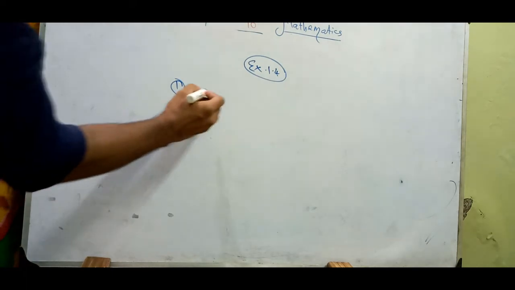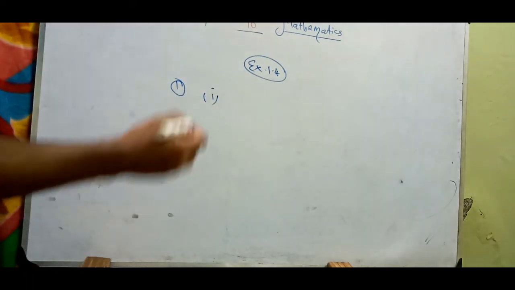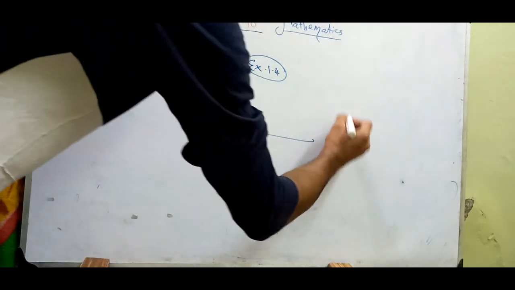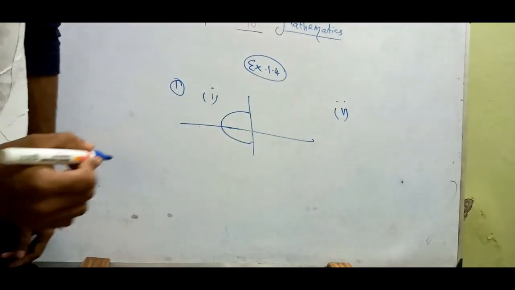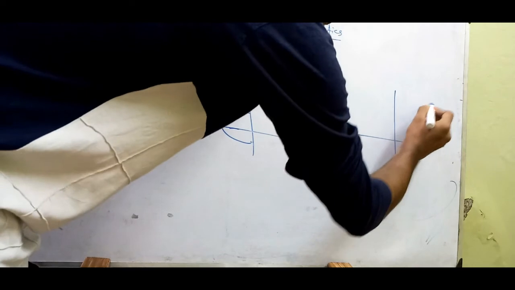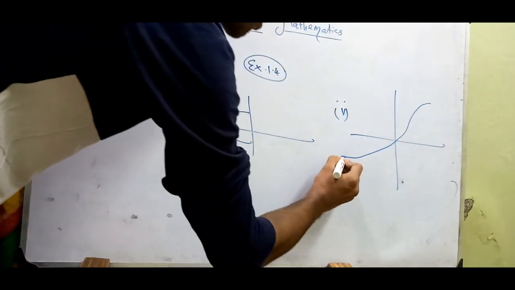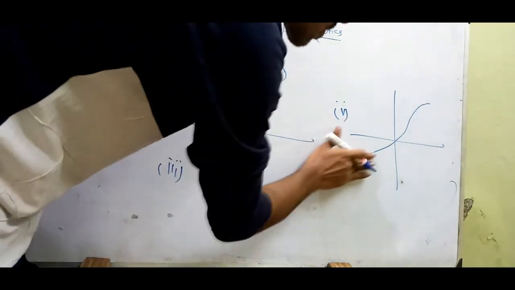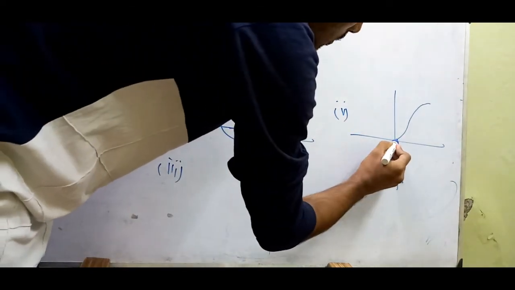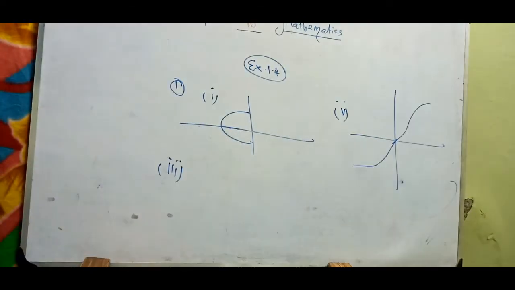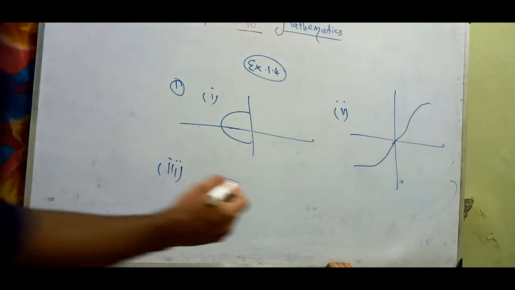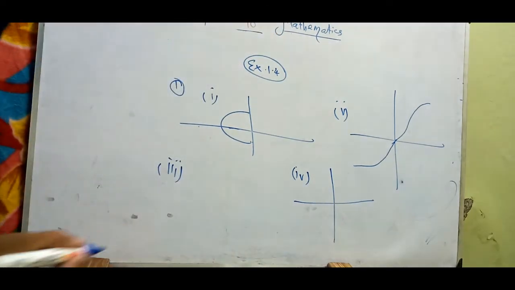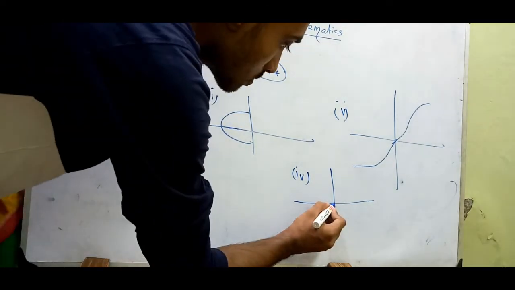Okay, so first question, first subdivision is given like this, and the second one, sorry if my diagram is not good. Okay, so fourth, it is an identity function.